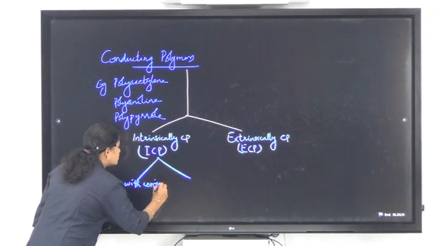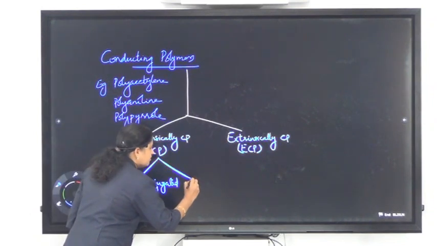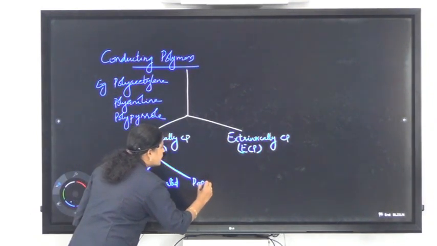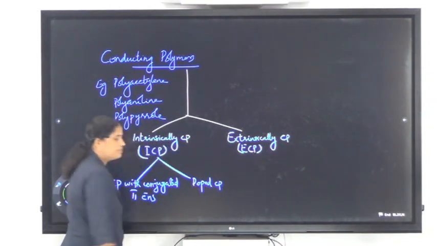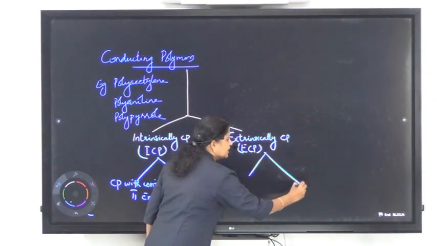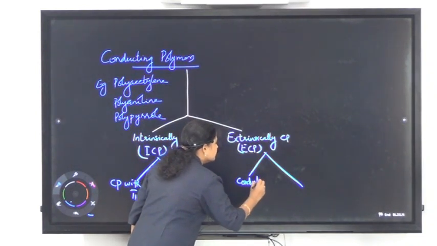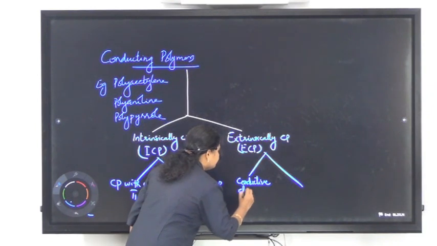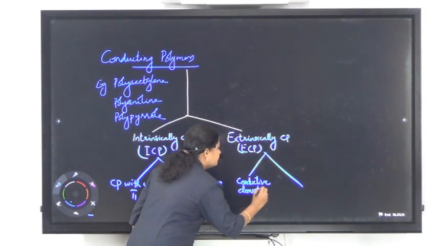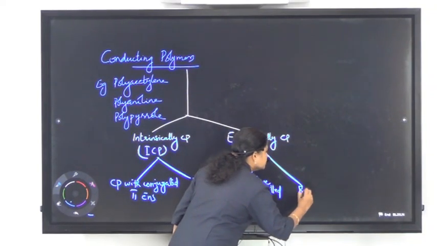conducting polymers with conjugated pi electrons, and the second variety is doped conducting polymers. Then extrinsically conducting polymers are classified into two types: conductive element filled polymers and blended conducting polymers.